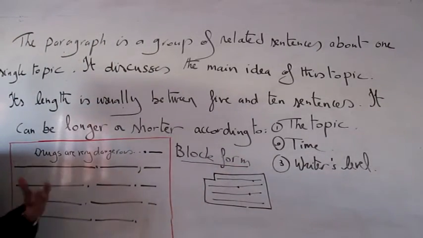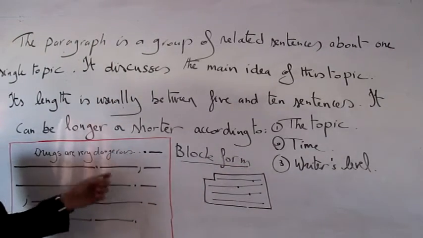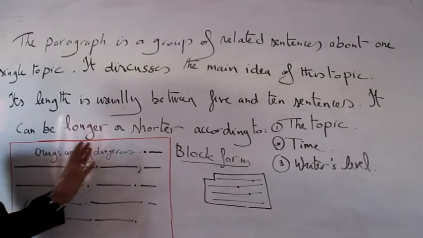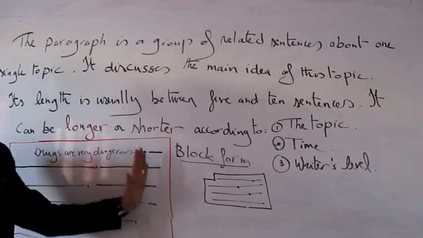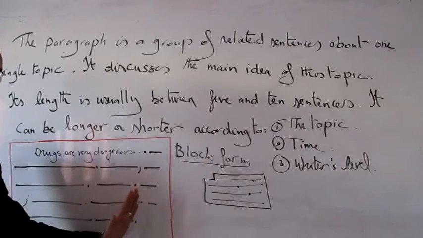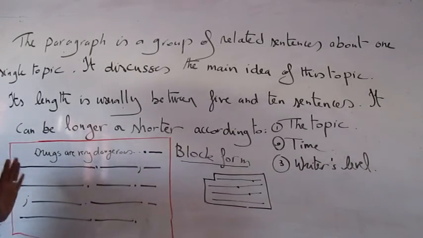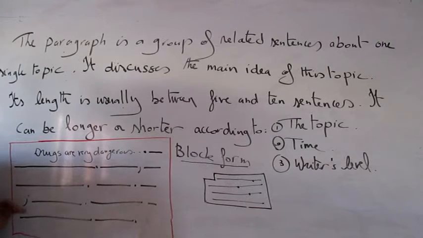Clear? You are not free to skip the line whenever you finish a sentence. You have to continue till you reach the margin, the end of the page. And also you have to start from the beginning of the line in the other lines, except for the first line, where you have to indent and leave 5 spaces.